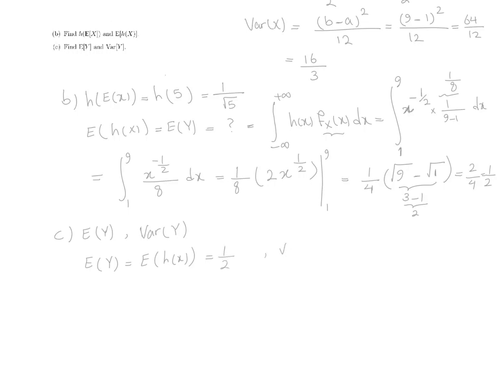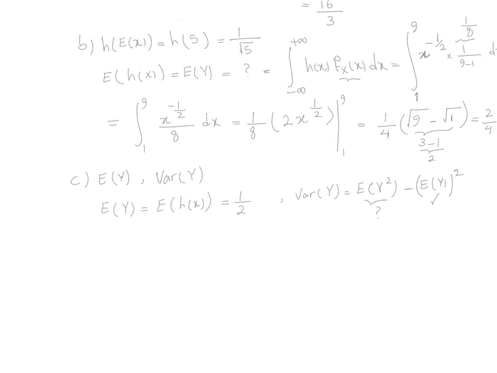And for the variance of y, we need to follow the general formula for variance, that is the expectation value of y squared minus the square of the expectation value of y. So we need just to calculate the expectation value of y squared.